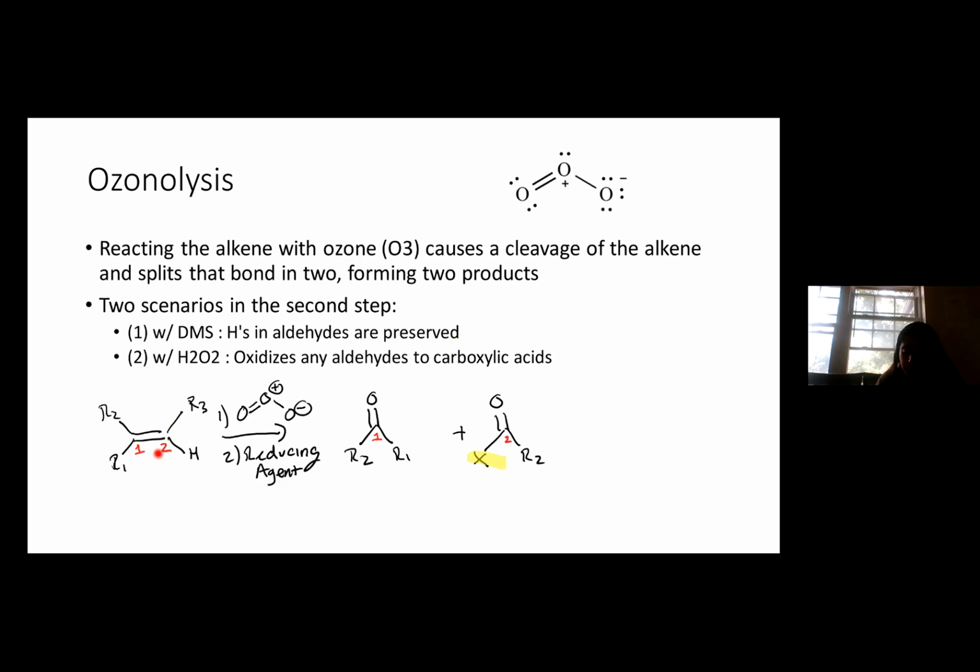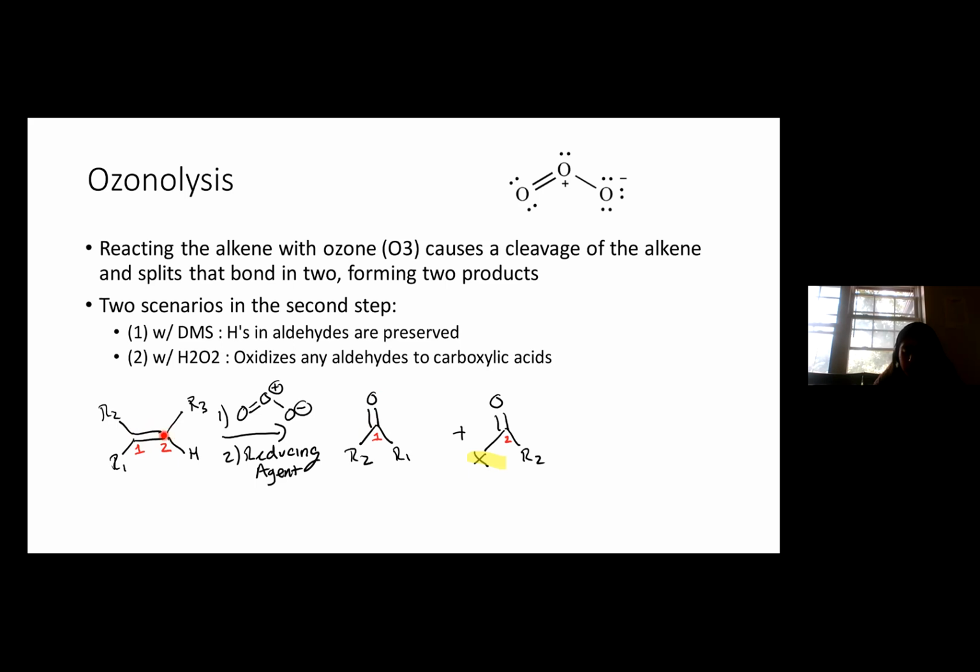What is happening is that this bond is being cleaved. This carbon right here is double bonded to this carbon, but instead, this double bond is going to be cleaved, and this carbon is going to form a double bond with the O instead. So you can see this carbon number 1 right here is double bonded with an O. The same thing is going to happen to carbon number 2.